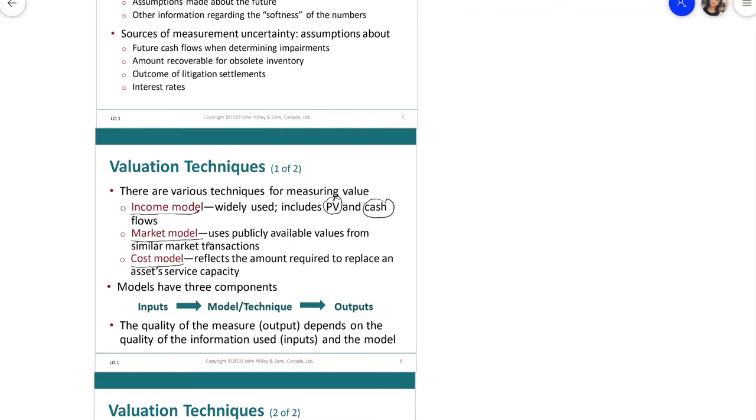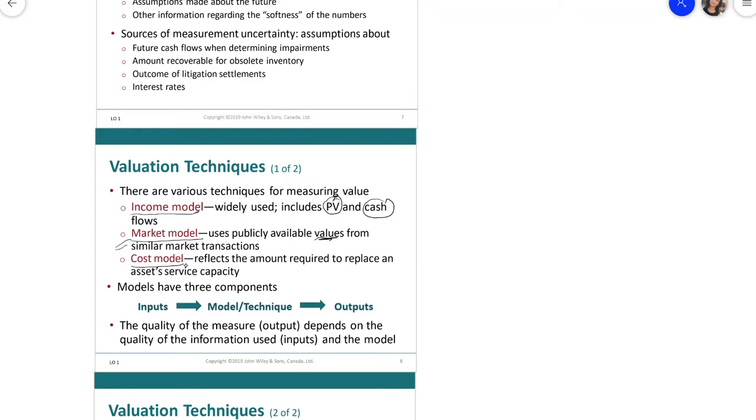When we think of a market model, this model is available in the market, so it uses publicly available values from similar market transactions. So we don't estimate anything. Whatever value we have available in the market, that's what we use. That's why it's called a market model.